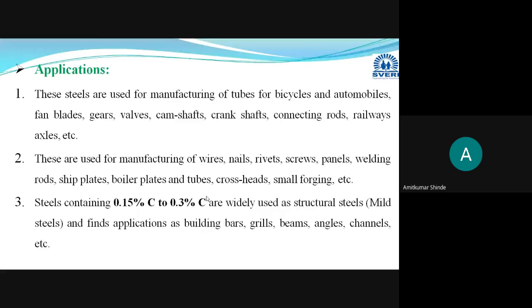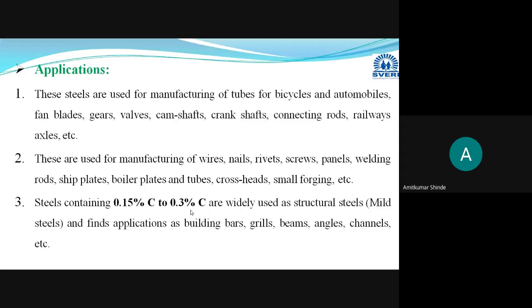And here I have mentioned the carbon percentage also. The steels which are having carbon percentage in the range 0.15 to 0.3%, these are the structural steels, and these steels are also known as the mild steels.